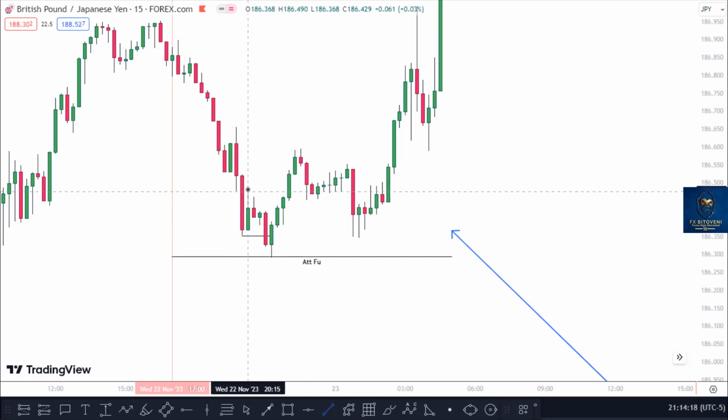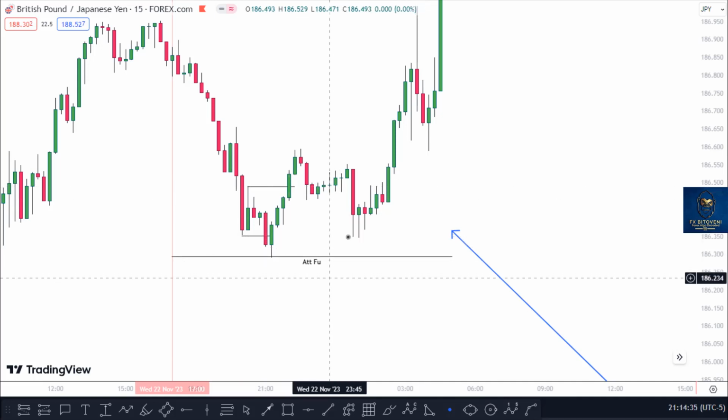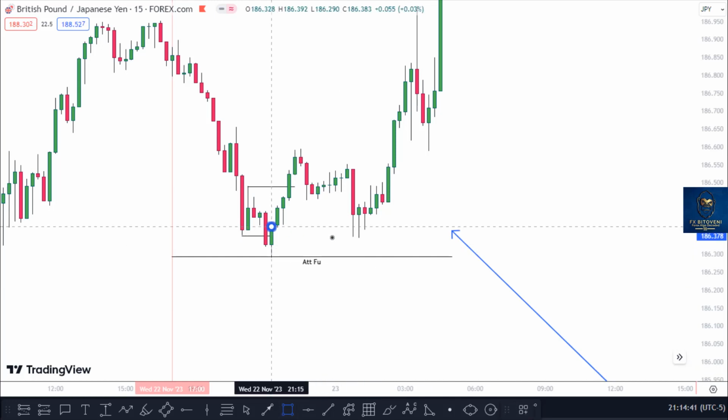Sometimes you may not see another liquidity grab here because we are always using a lower time frame. I mean, we don't see enough details here. So this is what we want first of all, a true range. Now try to see. The market is coming back to this level.